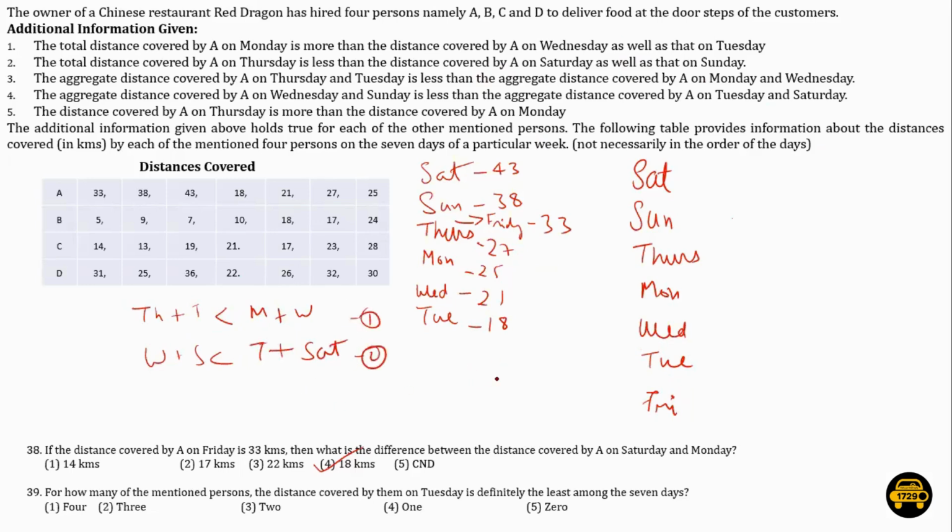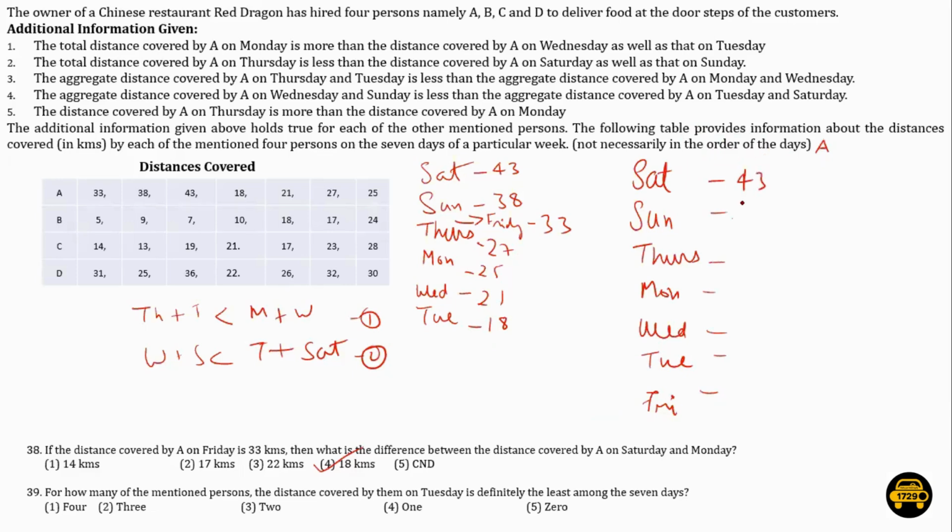So what will we do? I'll just tell you about the approach, and you can apply it for the others as well. If we have to calculate it for A, if you want to know for A whether Friday will be the day with least distance covered or not, what will you do? We'll just put the order of A in this, and we'll keep Friday on the least side, right?